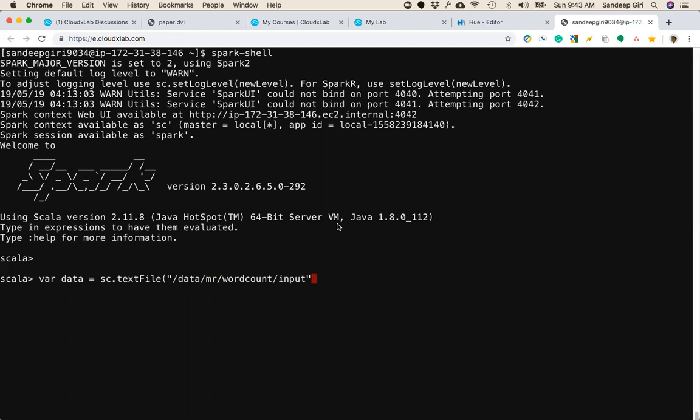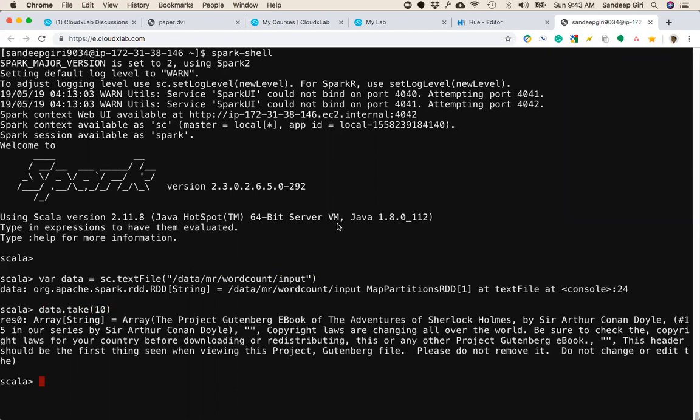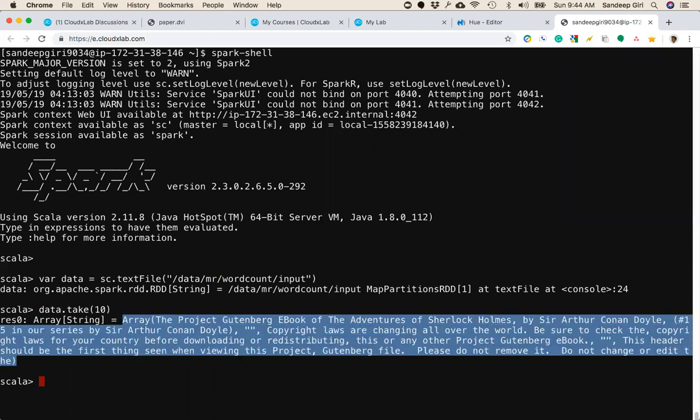Let's take a look at this folder. Let's just take a look at, say, 10 records from it. You can see that we have read 10 records from this file.